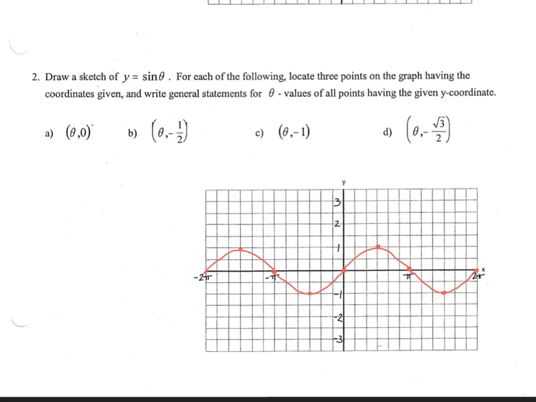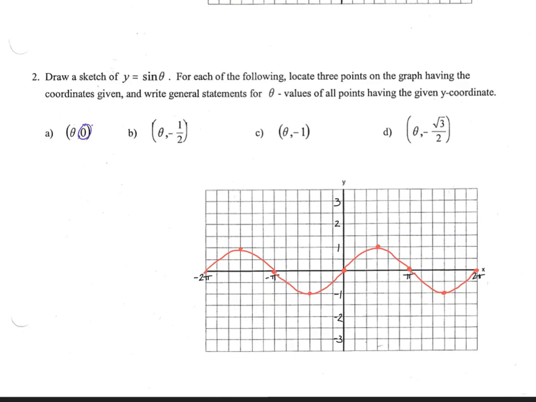Now, what you'll notice is within problem 2, I've asked you 4 different questions. So, when you take a peek at A, B, C, and D, let's start with each one individually. So, let's take a look at A. What I might do is on my sine curve, I'm going to go through and I'm going to mark every point on that sine curve that has a value of 0 with its question number.